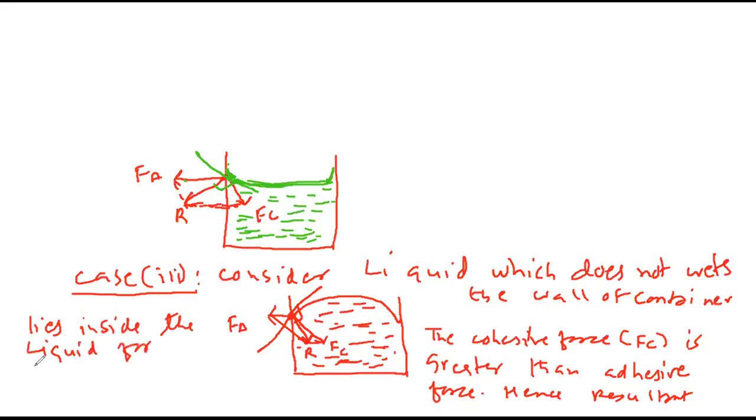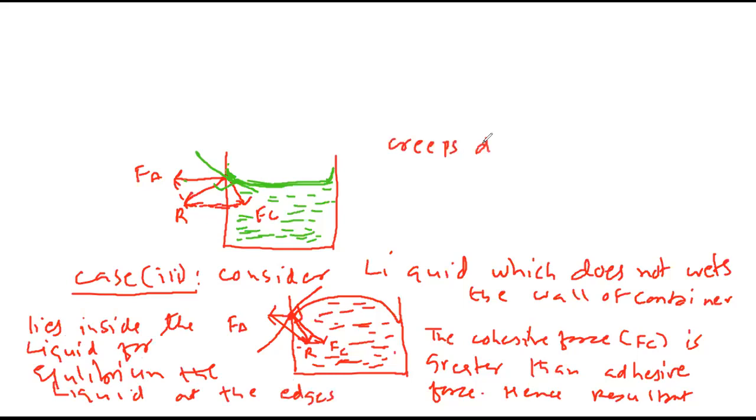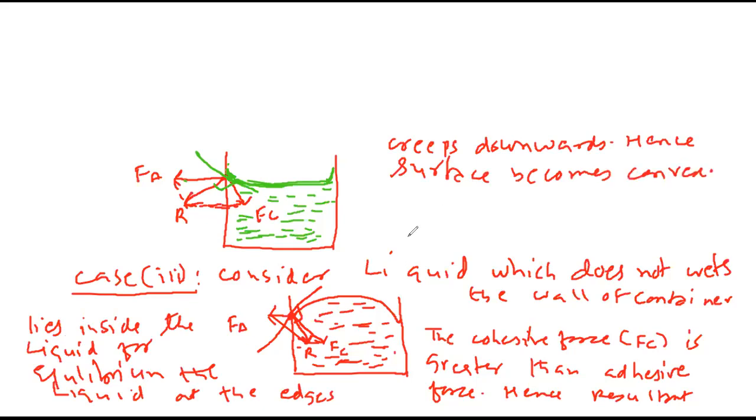For equilibrium, the liquid at the edges creeps downwards. Hence, surface becomes convex.